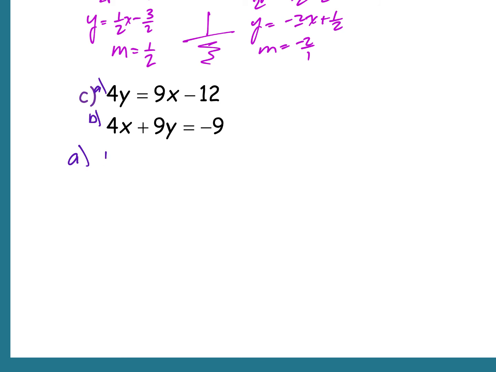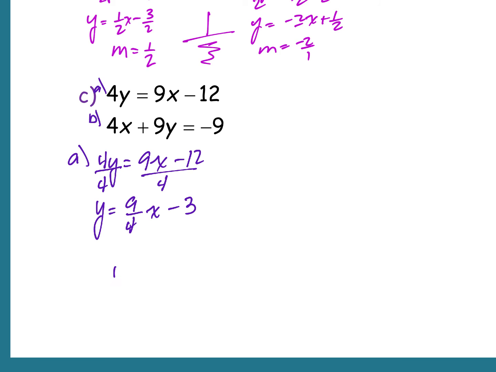A is 4y equals 9x minus 12. Divide by 4. Y equals 9/4 x minus 3. I'm thinking my slope is 9 over 4. And then B is going to be 4x plus 9y equals negative 9.